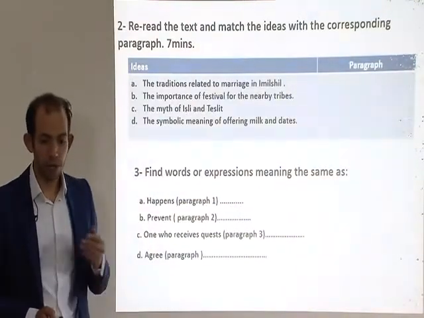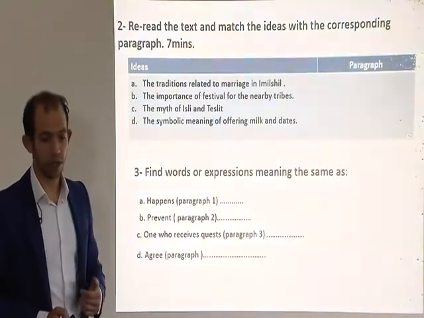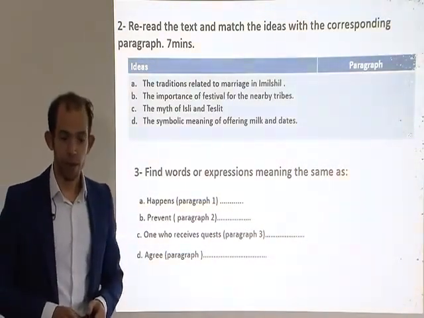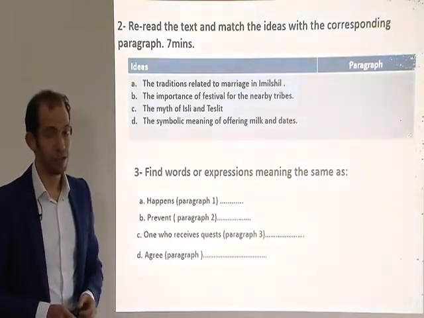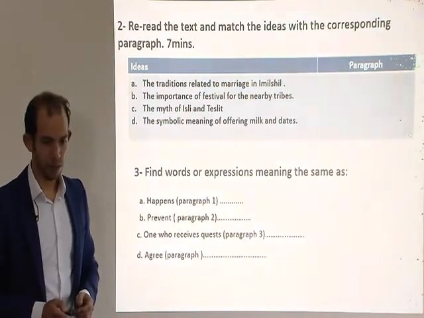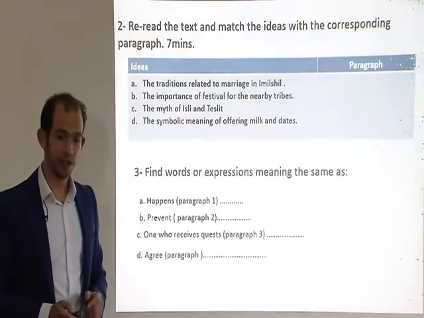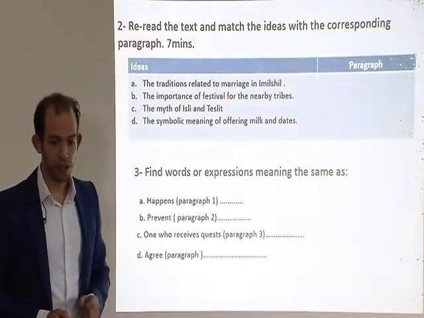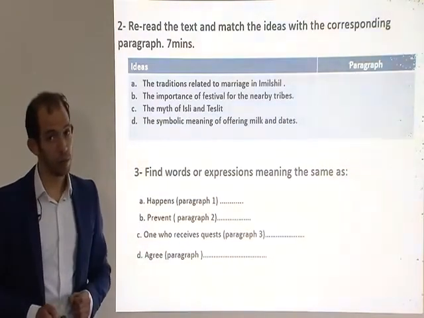So reread the text for a second time and match the ideas with the corresponding paragraphs. I give you 7 more minutes to do the task. So I suggest that you have done the exercises I told you to do. So the traditions related to marriage in Imilchil, in which paragraph?